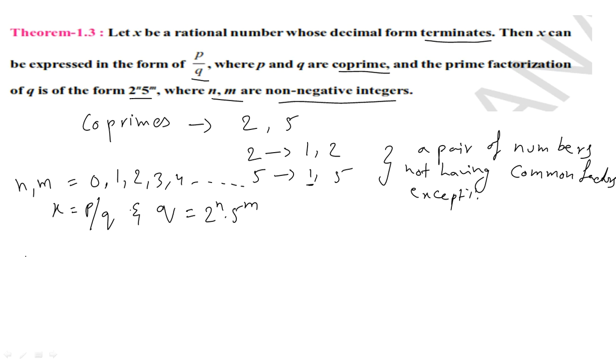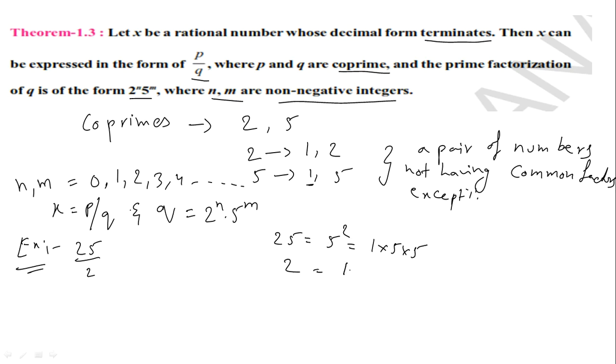For example, let me take 25 by 2. So 25 and 2. Let me check whether they are co-primes or not. 25 is equal to 5 square, so 1 into 5 into 5, whereas 2 is 1 into 2. Do they have any common factors? No. Then these are co-primes.